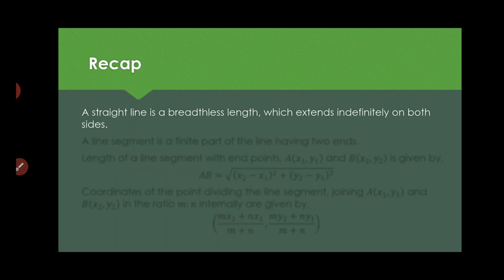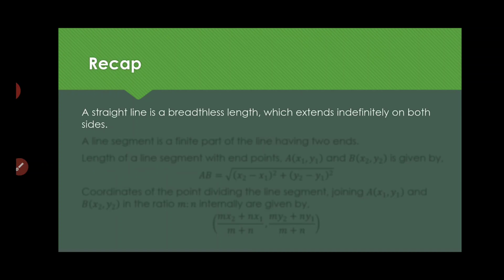So what is a straight line? Basically, a straight line is a breadthless length which extends on both directions indefinitely. So a straight line does not have any breadth, it's only a length, and obviously it's indefinite. It extends on both sides to infinity.